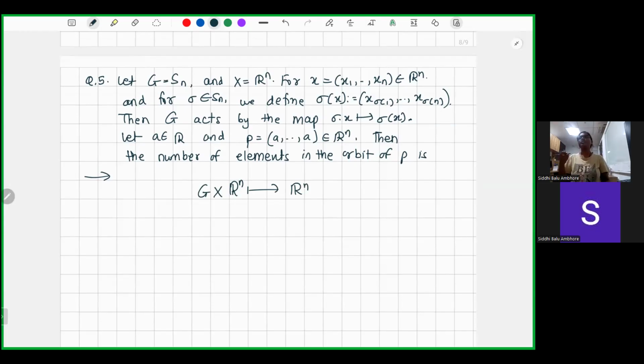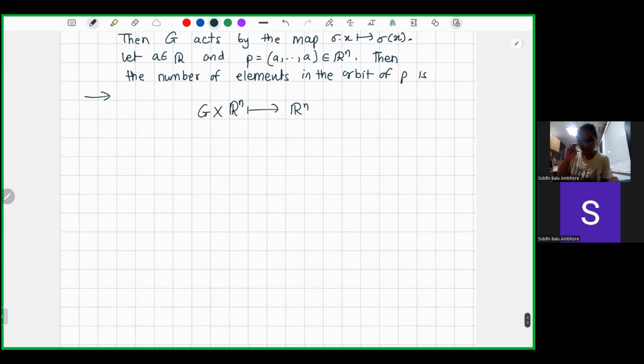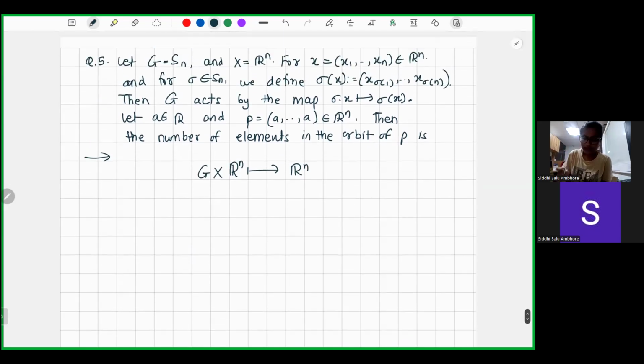Earlier, when G was acting on I4, it was giving me just an integer. But here, when G acts on Rn, I'm getting again a tuple in Rn. And how is it acting? If sigma is in G and my (x1, ..., xn) is in Rn, then it goes to (x sigma 1, ..., x sigma n).